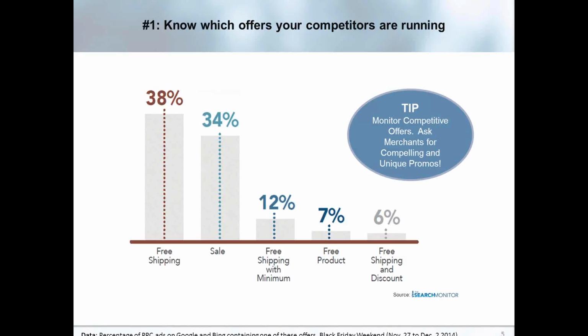So that would be where you would get the discount. And with only 6% of the ads having some kind of free shipping and discount, it's a huge opportunity for your ads to really stand out by putting more meat in there, to get more clicks and more interested buyers. So that's pretty important. And really the biggest takeaway here is watch what your competitors are doing.